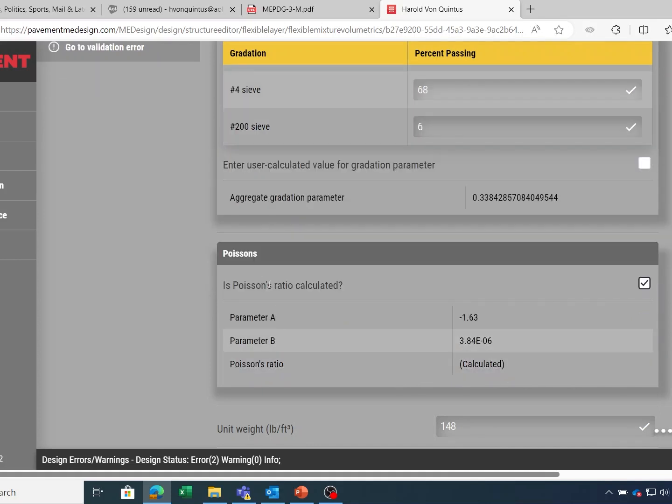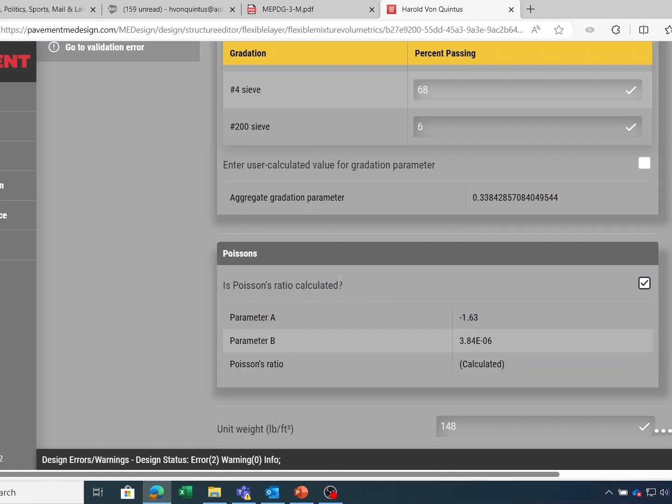In general, however the calibration was completed, either having the program calculate Poisson's ratio or using a constant value for calibration, whatever is done in design should be consistent with how the transfer functions were calibrated.